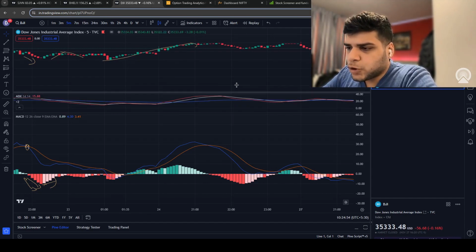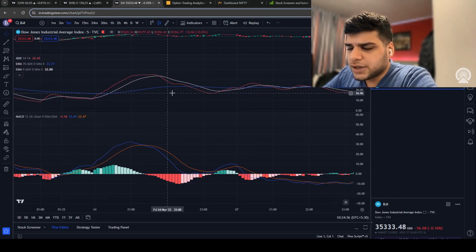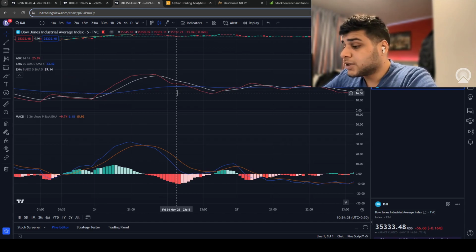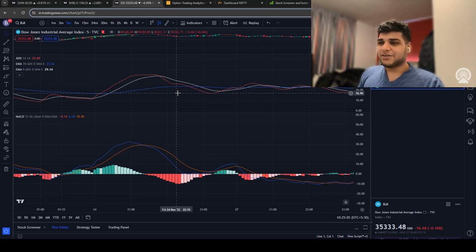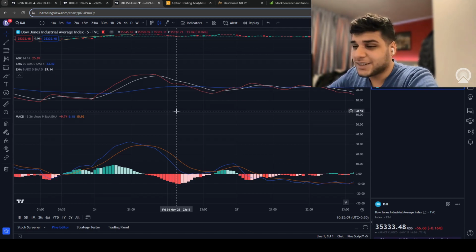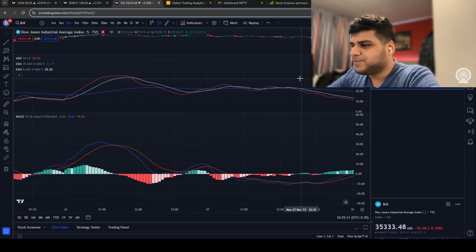And the more indicators you use, the more solid your convictions will be. And of course, using too many, like I've said before, can also be a hindrance if you're on your chart and you can't even see the price. All you see is like 17, 20 different indicators on there.